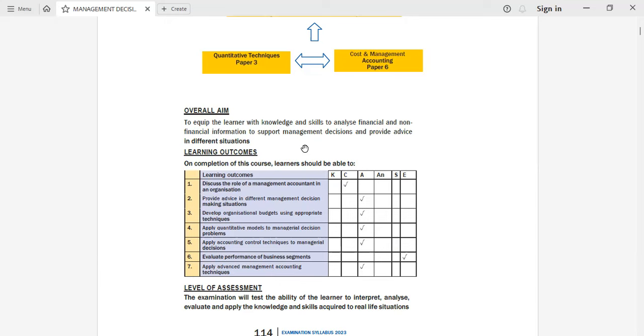So we said we discussed the role of the management accountant in an organization. Here we look at the student as a management accountant. And the management accountant is someone who is just waiting for people's reports to analyze.